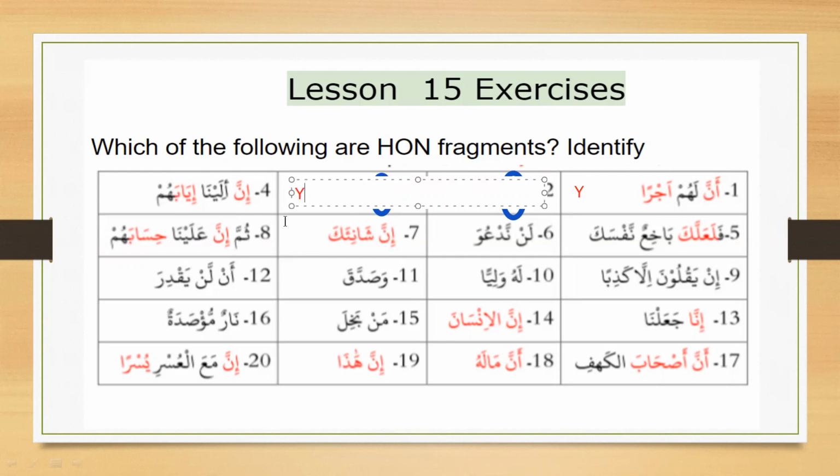And then we have the fourth one: inna ilayna iyabahum. Which is the harf of nasb? Can you see it? Yes, inna. And which ism or pronoun is in nasb status?